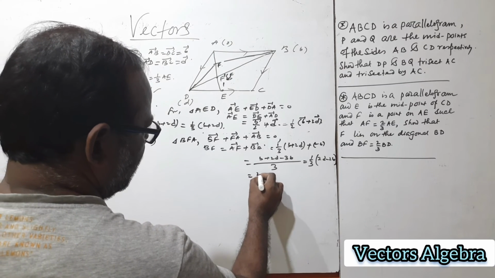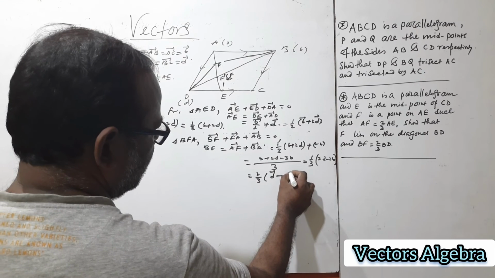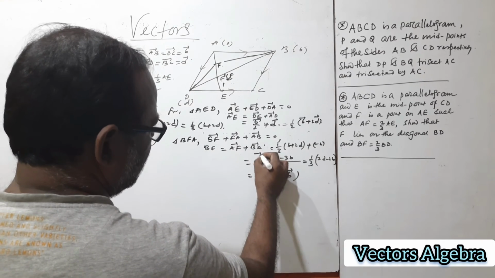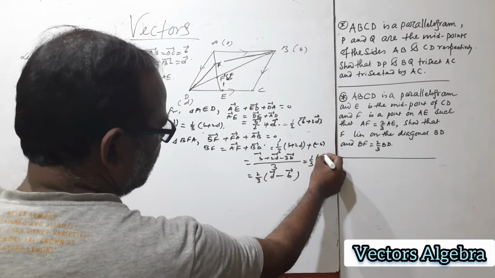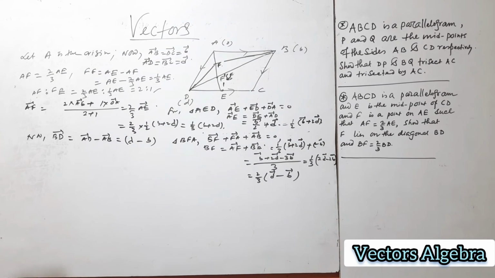Okay, take common 2/3, so 2/3 of d minus b for BF.